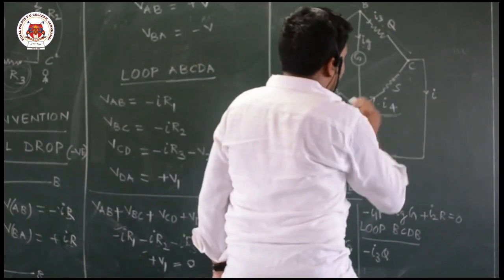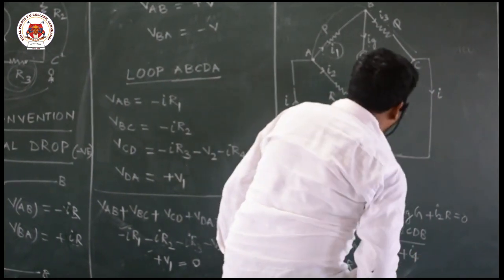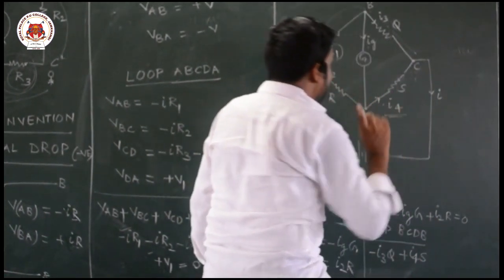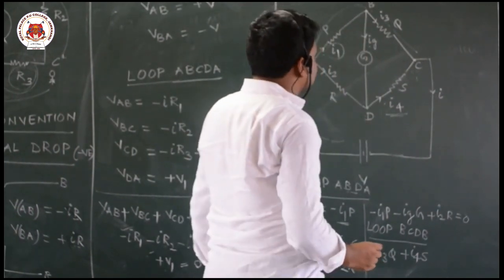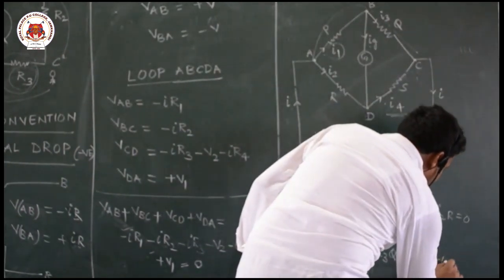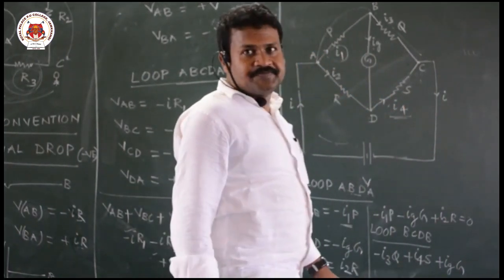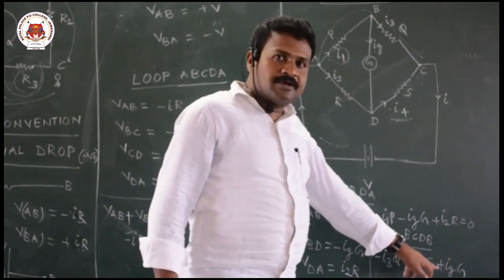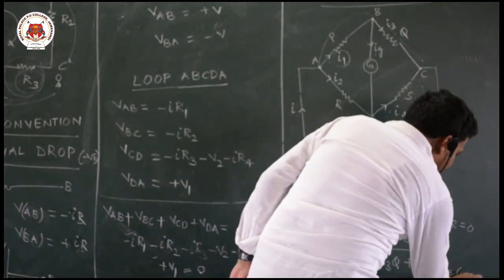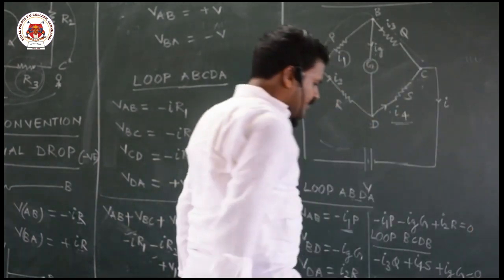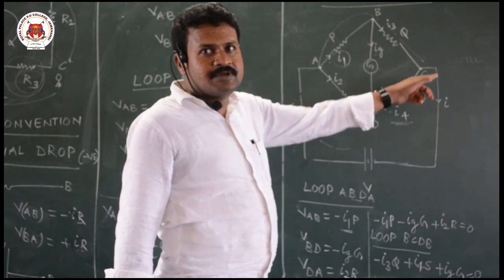Again from C to D, you write plus I4S, where the resistor value is S. And again from D to B, you write plus IgG. Now according to Kirchhoff's second law, this must be equal to 0.